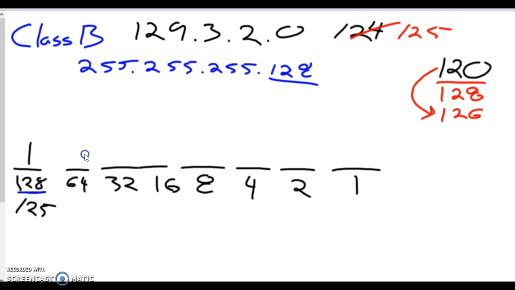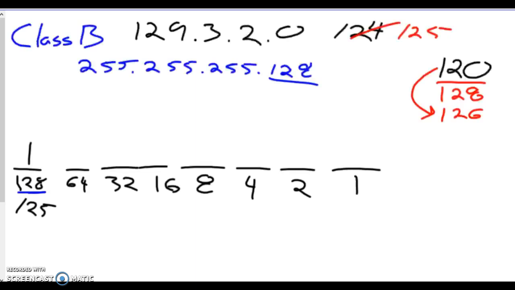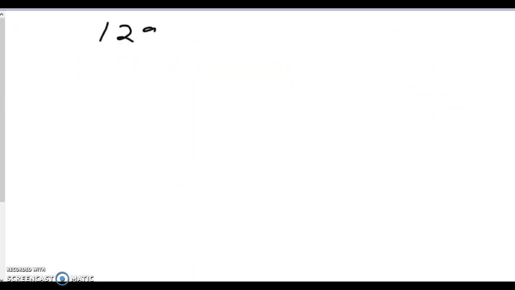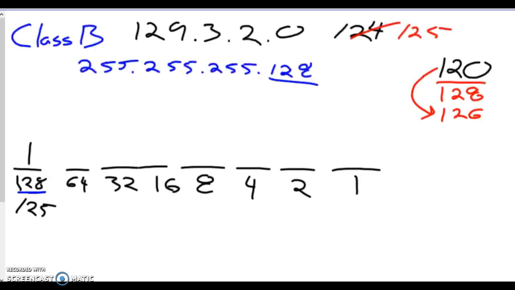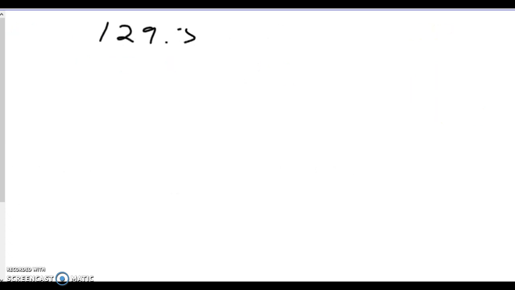Now as we start to subnet this, it is important to look at 129.3.0.0 and verify what a class B is.